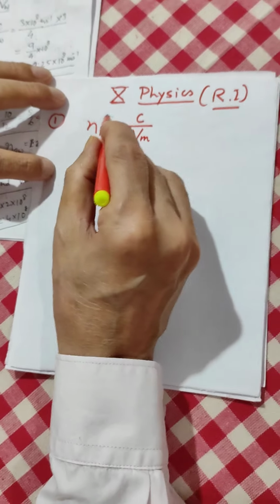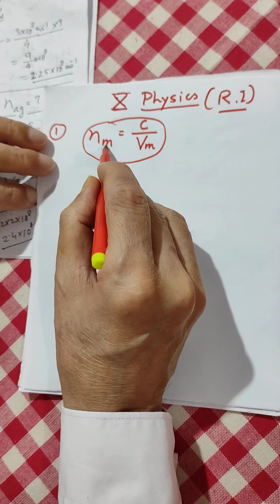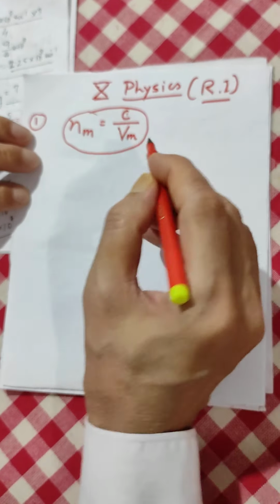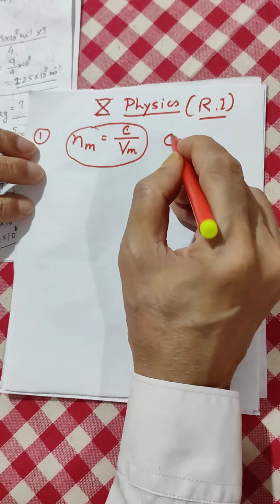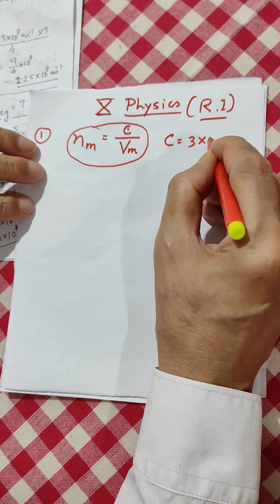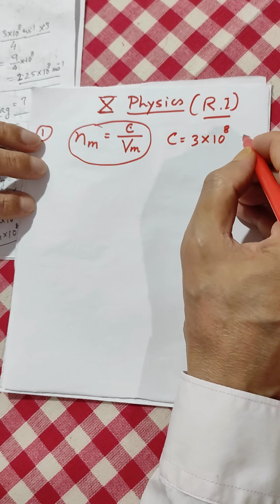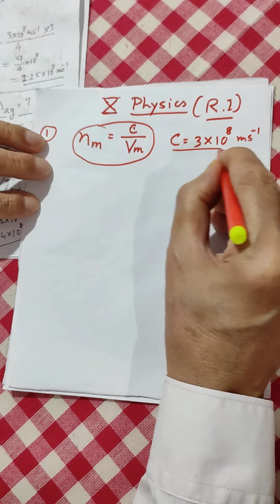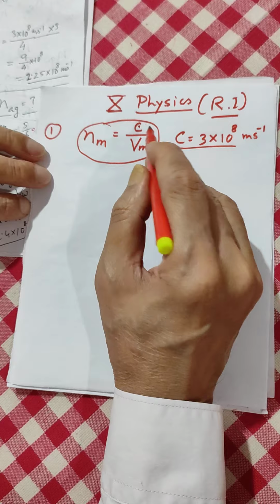This formula says the refractive index of a certain medium is equal to C by velocity of light in that medium. Now this C is a constant, equal to 3 into 10 to the power 8. Actually, this is the velocity of light in vacuum. This is a constant quantity, indicated by C.